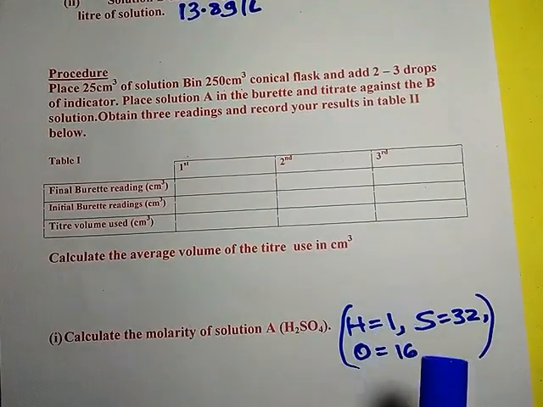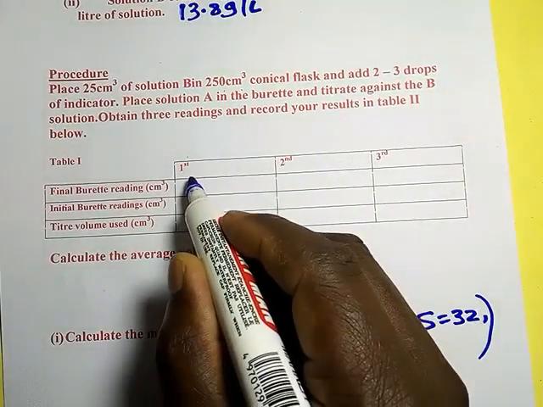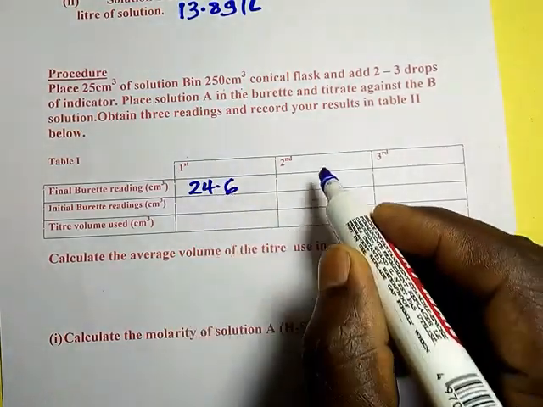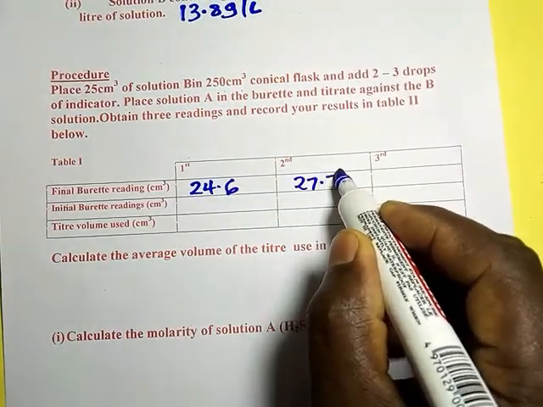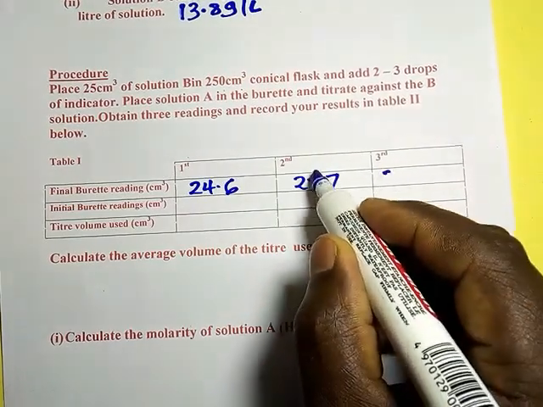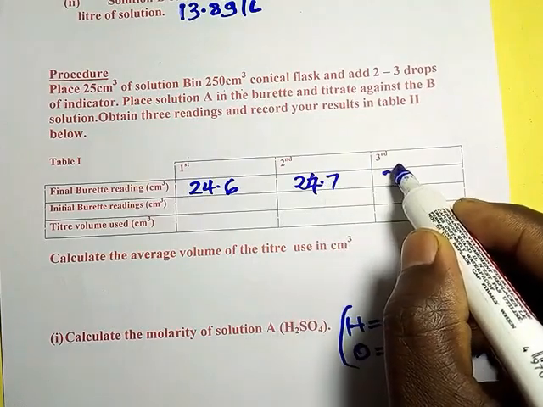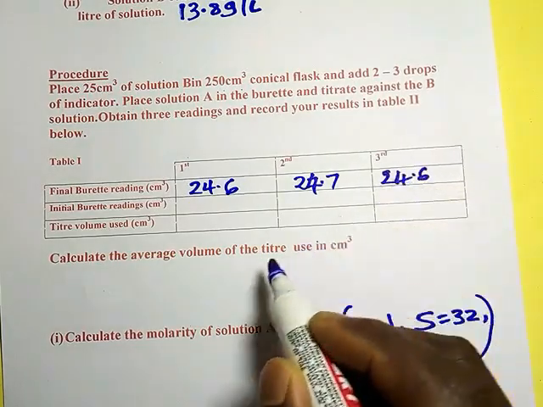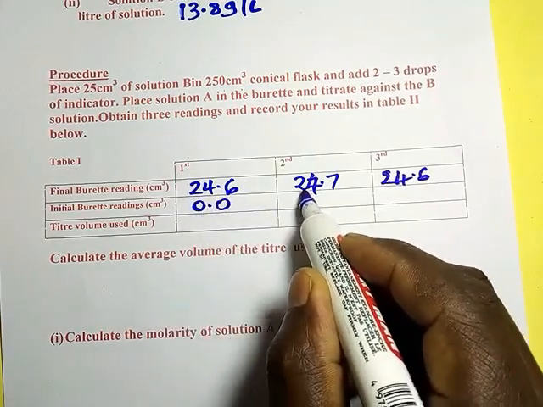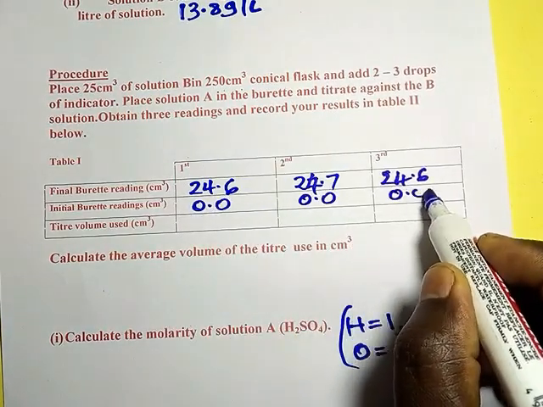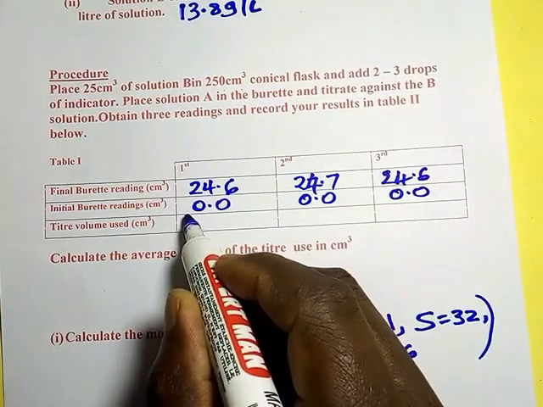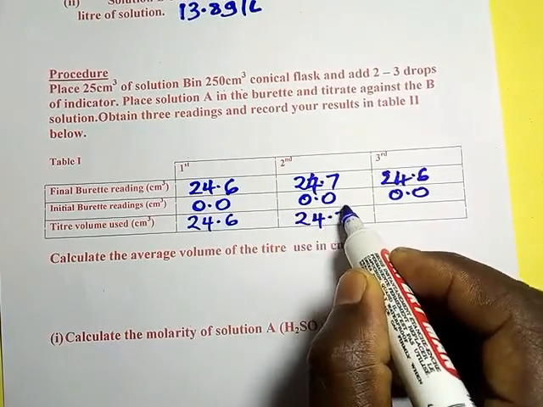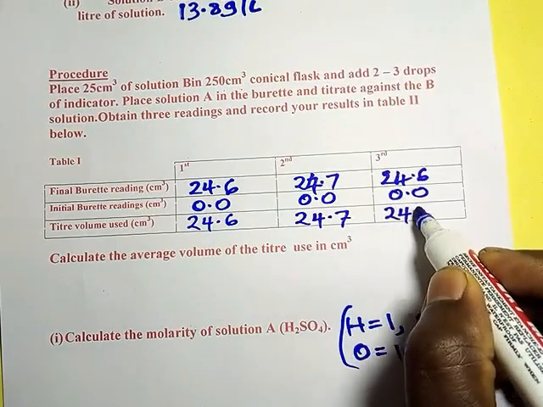So we have the values. We want to use these values: 24.6, 27.7, 24.7 and then 24.6. Our initial is 0.0, and then the readings are 24.6, 24.7, 24.6.